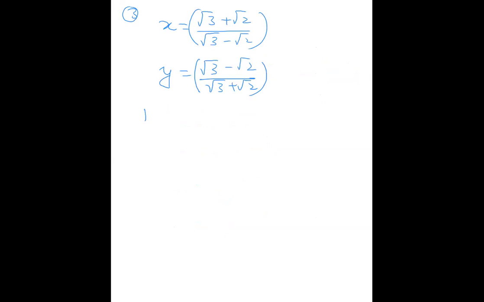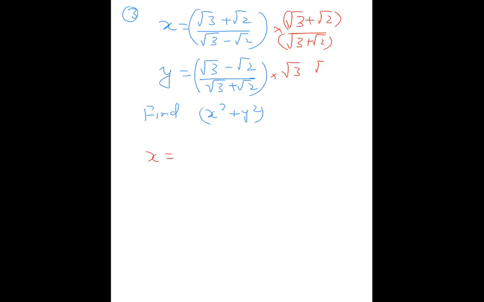Find the value of x square plus y square. So first, step 1, what is x? I can multiply. Rationalization is again very important. Root 3 plus root 2, multiply and divide with root 3 plus root 2. This is root 3 minus root 2.